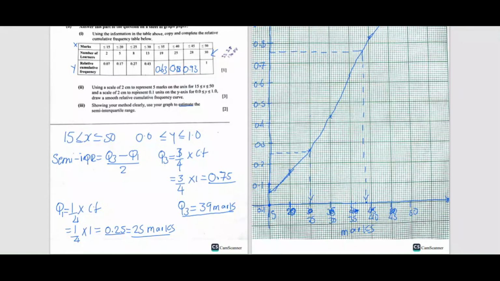So after we are done finding the upper and the lower, then we can do the math. So we have 39 minus 25 over 2. So we have 39 minus 25, which is 14 over 2, which is 7. So this is our final answer.